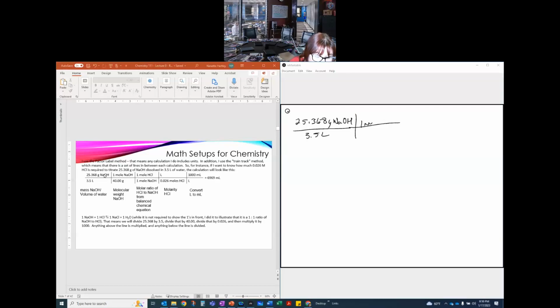I divide by 1 mole of NaOH, being 40 grams of NaOH. Those grams cancel. I now have moles of NaOH. I have 1 mole of HCl, or 1 mole of NaOH, from the stoichiometry of the equation. 1 mole of HCl is 0.026 moles of HCl in that per volume of that solution.